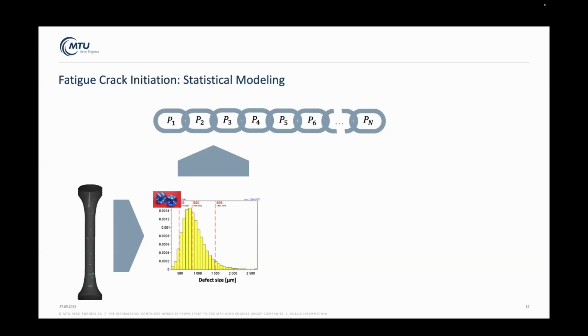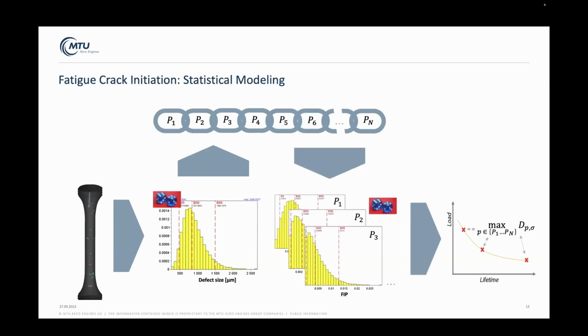The reason this is important may become apparent in the next step, because for certain bins, so for certain defect sizes in this simple example, we have pre-computed damage distributions using the crystal plasticity. And so for every pore size, for every bin, we do another drawing from those damage distributions.